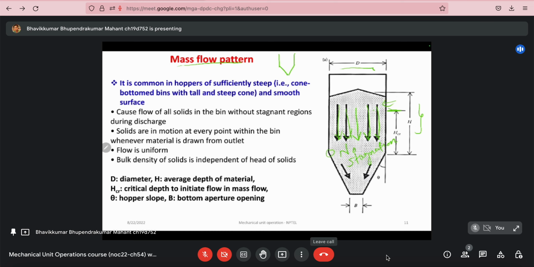If you put the material below the critical depth, there will be no mass flow; then there are some stagnant regions. Then the hopper slope: your hopper has some slope with the vertical axis, so you need to consider the theta angle, and the bottom aperture opening. All these things you need to understand in order to design equipment like silos or hoppers to use mass flow pattern to transport your solid.